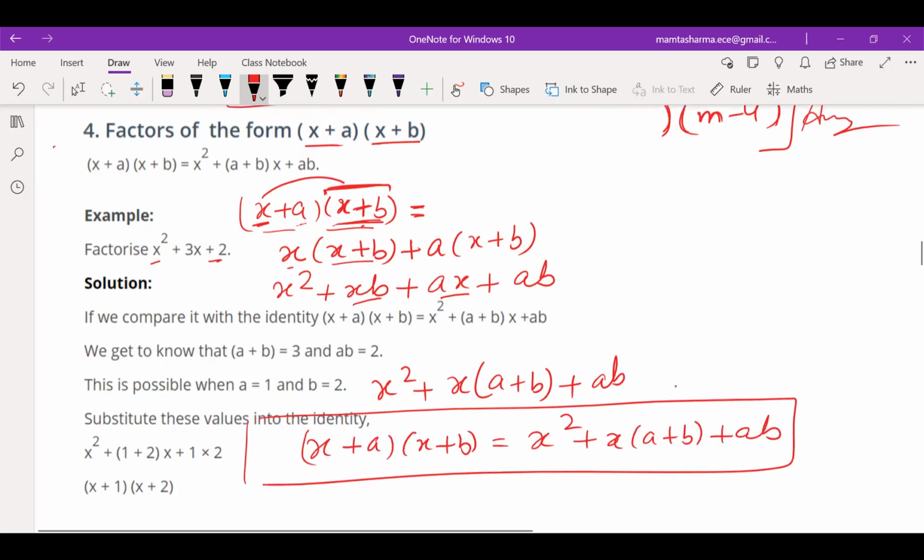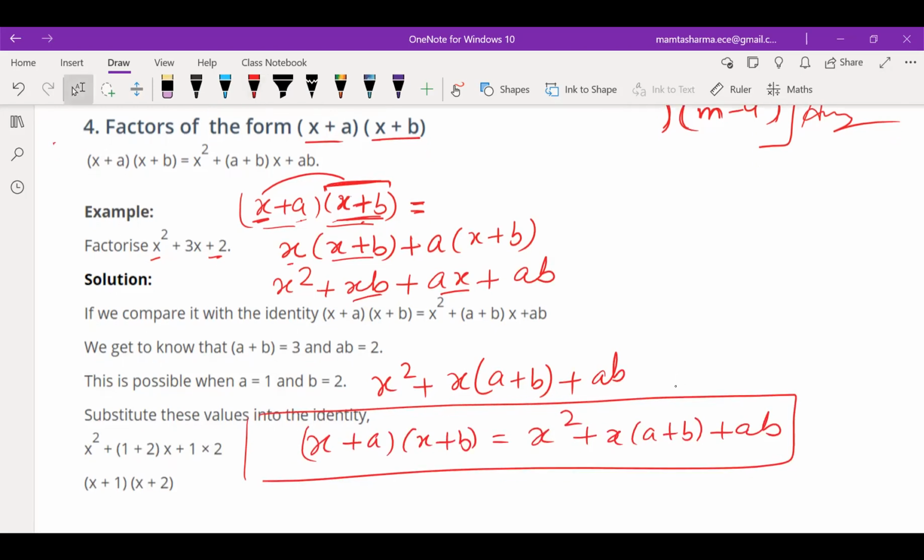Ma'am, I have a doubt. The boxed one you wrote, is that an important formula? No, this is not the formula; actually, we will solve the questions based on this form. Because in the formula, they said only x square plus a plus b, x plus ab. Here the x is involved, so I asked.